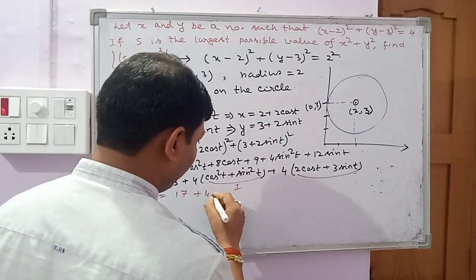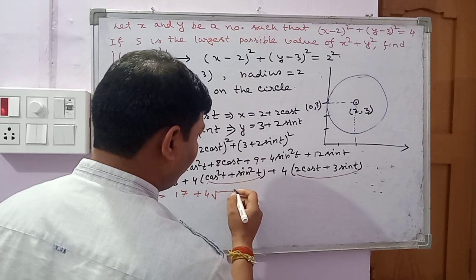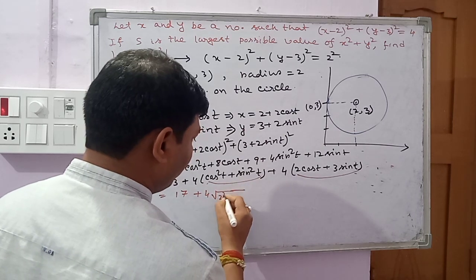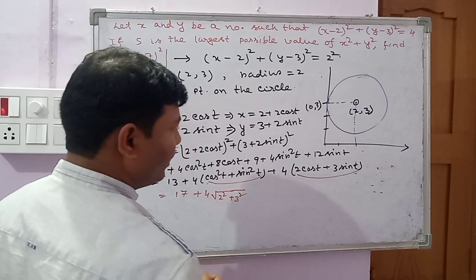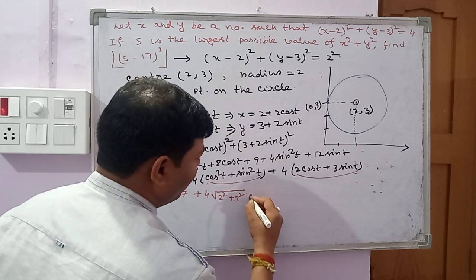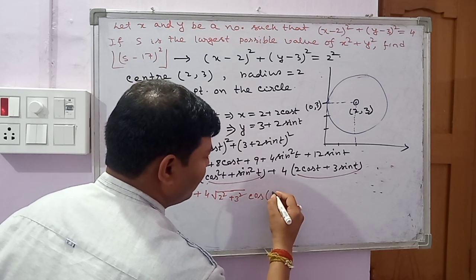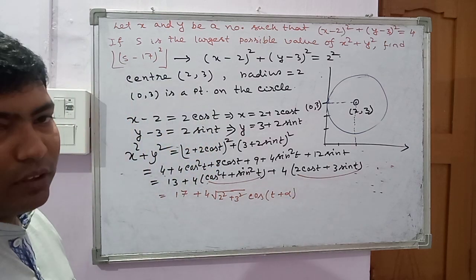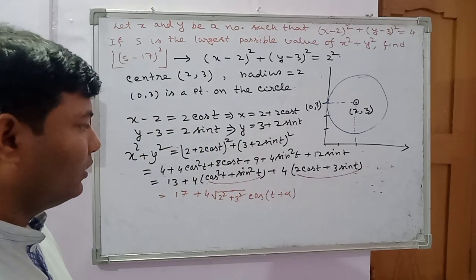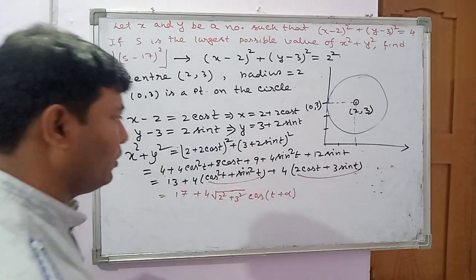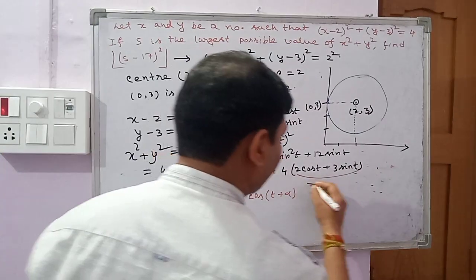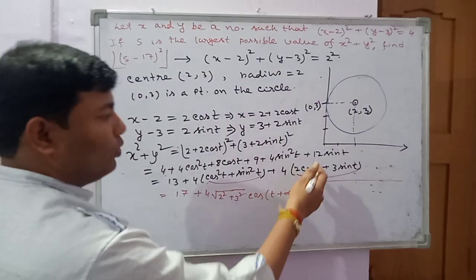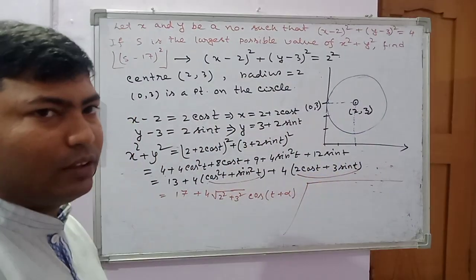Now this value can be chosen as root under a square plus b square, that is root of 2 square plus 3 square, times cos of (t plus alpha). How can we do that? Let us check this. 2 cos t plus 3 sin t.